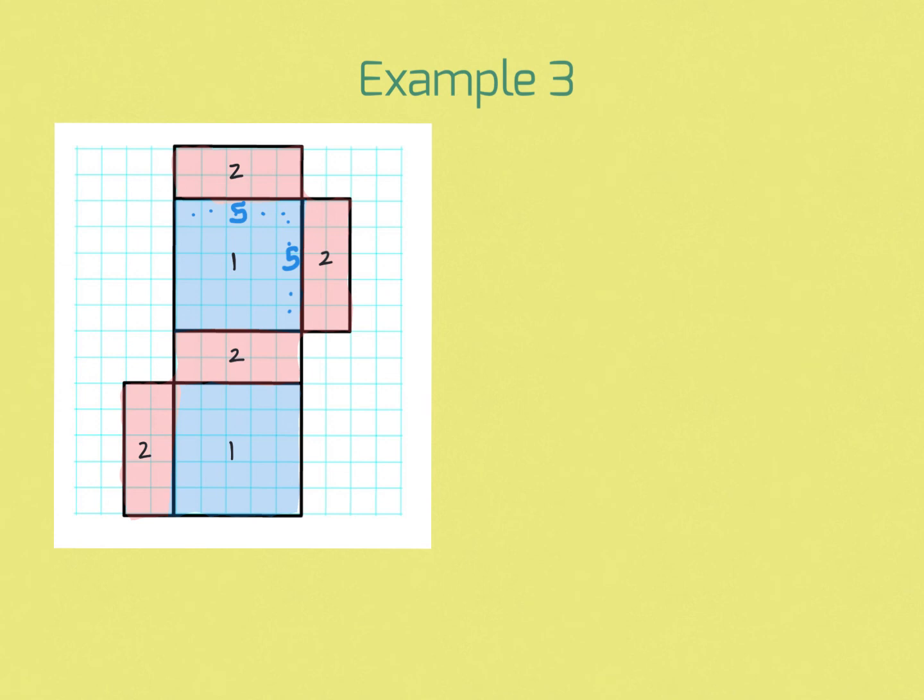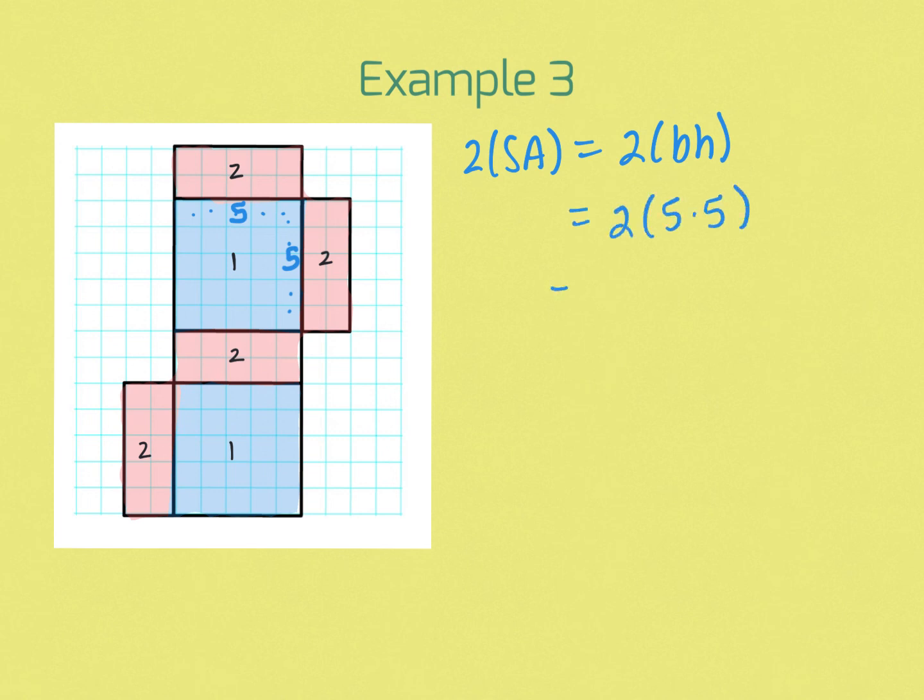For our first surface area, which is 2 times base times height, because there's 2 congruent squares, it will be 2 times 5 times 5, which is 2 times 25, which equals 50 square units.